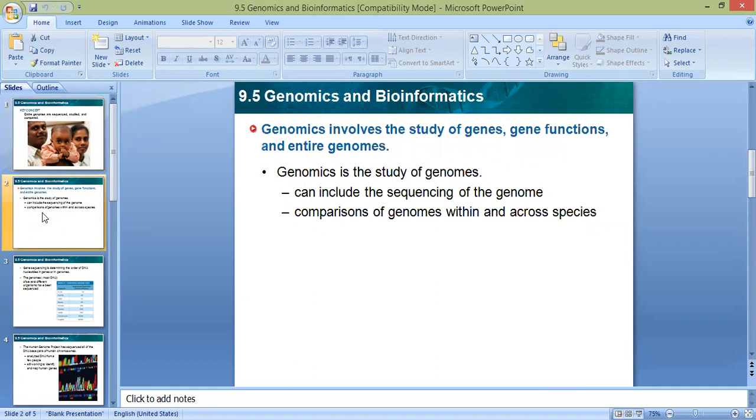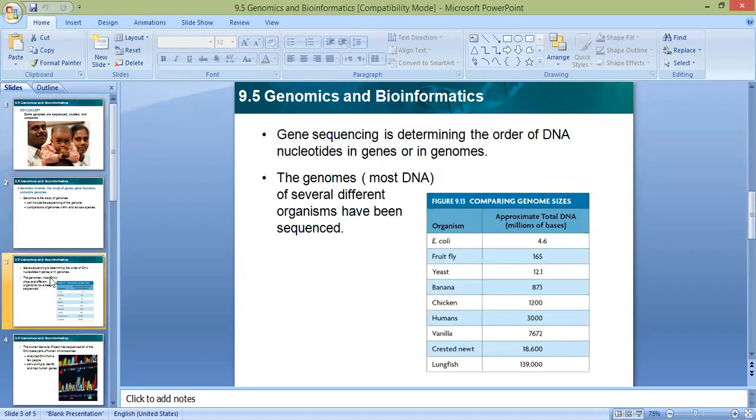Genomics involves the study of genes, gene functions, and entire genomes. We said the genome is the whole amount of the DNA, and genomics is the study of the genome. It can include the sequence of the genome. With genomics you can study the sequence of the genome and compare genomes within and across the species. Gene sequencing is determining the order of DNA nucleotides in genes or genomes.